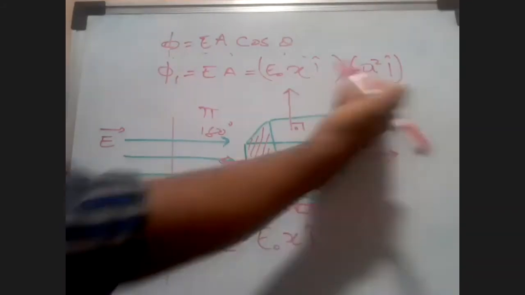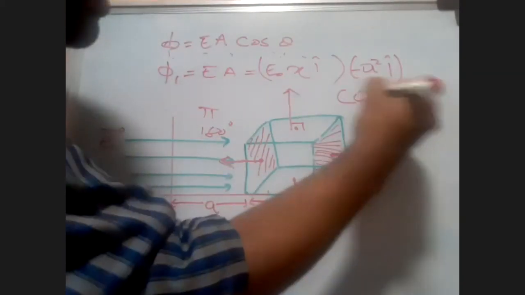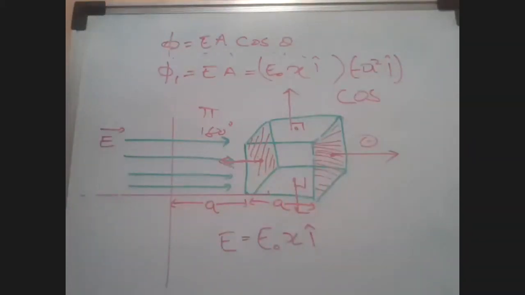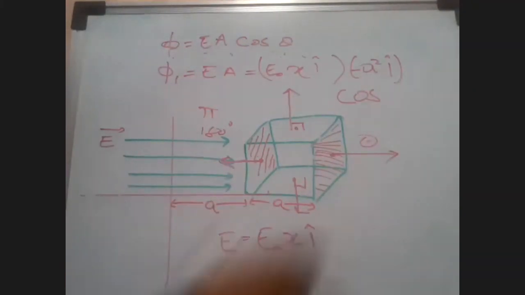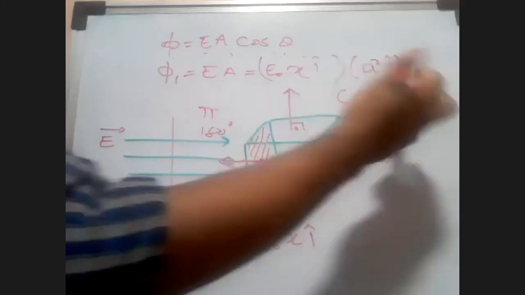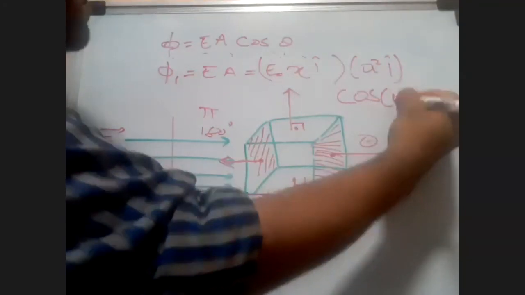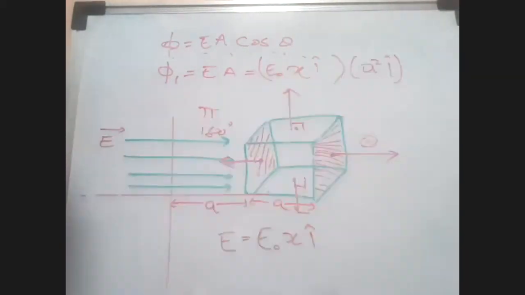Okay, so minus A square I cap into cos theta. What is cos theta over here? Theta is 180. I have already taken the minus, so minus 1 will give you cos 180. So cos 180 is going to be minus 1.